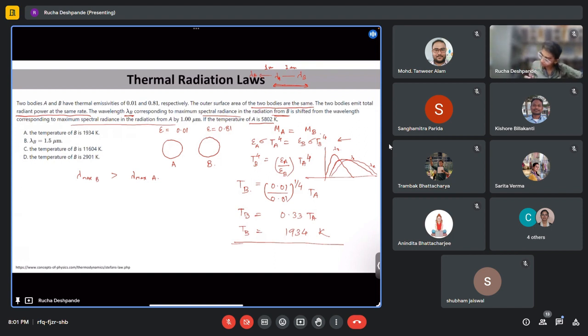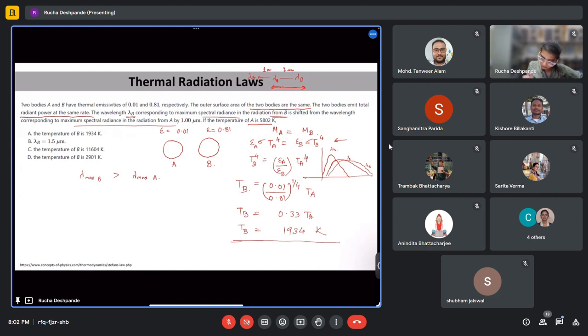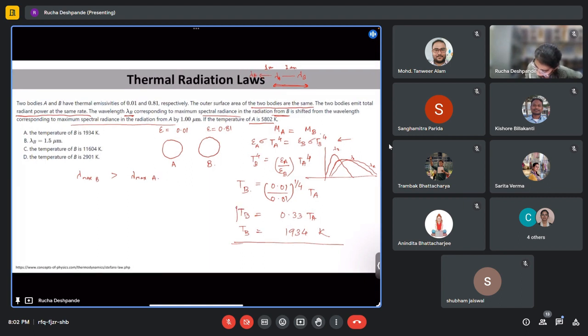So we have the temperature values. We have this relation TB is equal to 0.33 times TA.